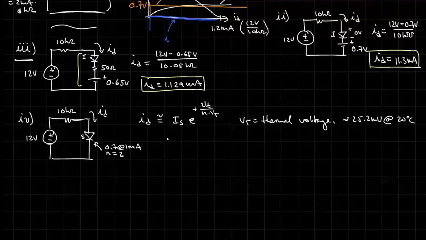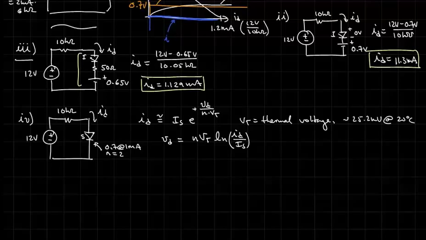Now, if we can express the voltage for the diode in terms of the current, if you take the log of both sides, that would be NVT times the log of ID over IS.